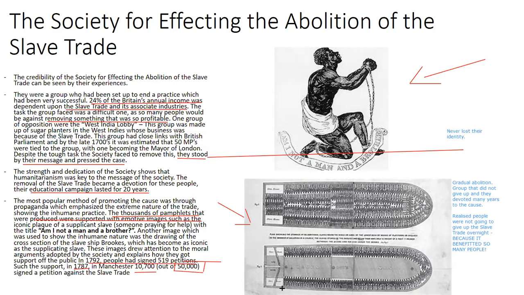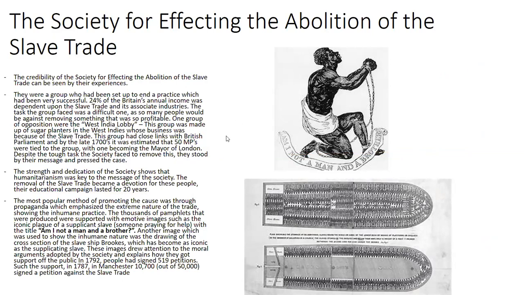This shows that the society had a huge impact on the people of Manchester, and they were starting to get the backing of the population. Regardless of this practice being so beneficial, people were starting to turn against it because they were learning about the inhumanity of it.